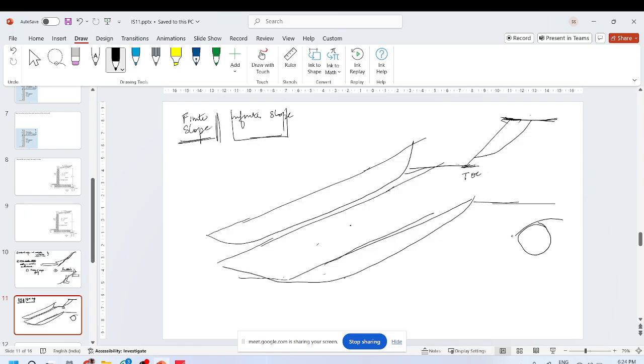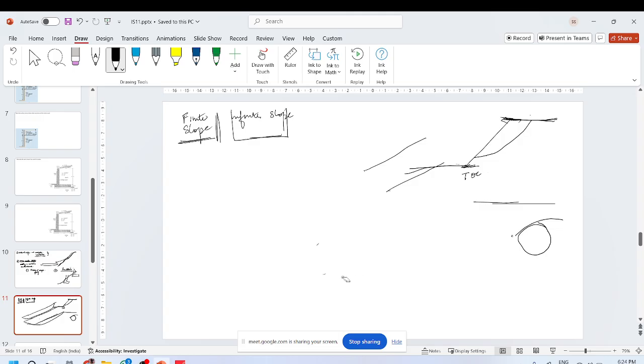Okay, so the slip surface is kind of parallel to the slope face, and this is the easiest method of checking slope stability.